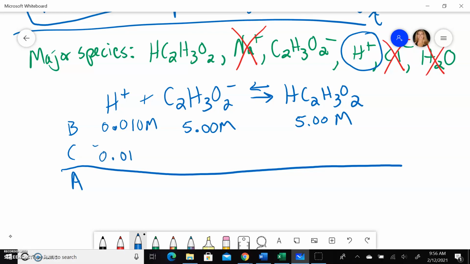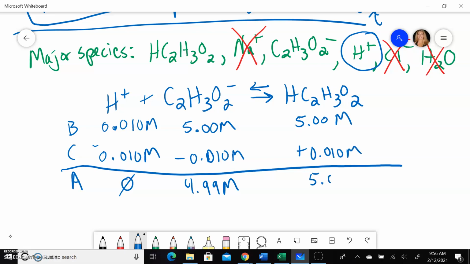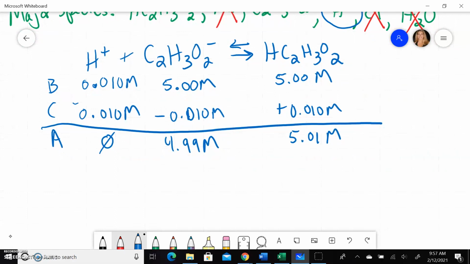So let's go ahead and get that down to 0. And now we're back to having a buffer solution. We have a weak acid, and we have its conjugate base. So now we can use the Henderson-Hasselbalch equation again.